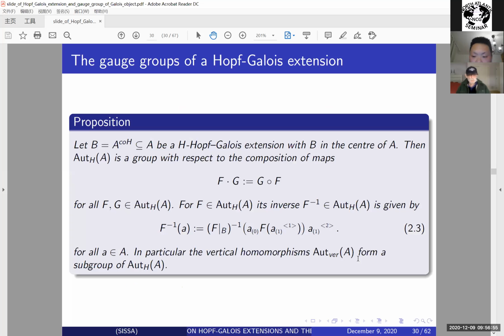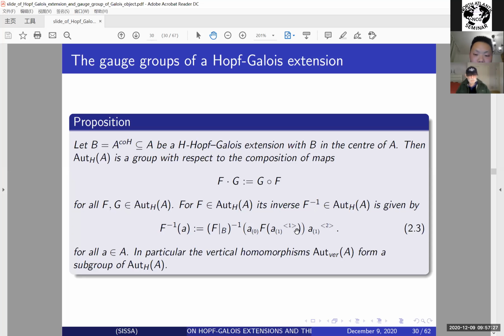Then we have the proposition that if B, the subalgebra of co-invariants, belongs to the center of A, then we can see the collection of the gauge transformations forms a group with a group multiplication given by the composition of maps, and the unit of this group is just the identity map from A to A. And the inverse of this group element F inverse is given by 2.3.